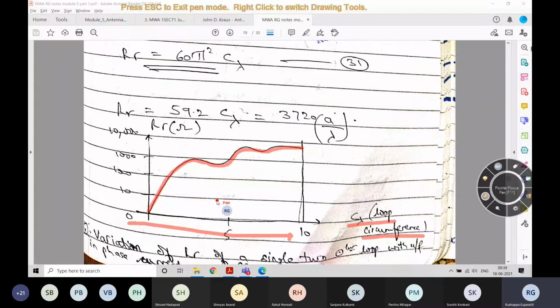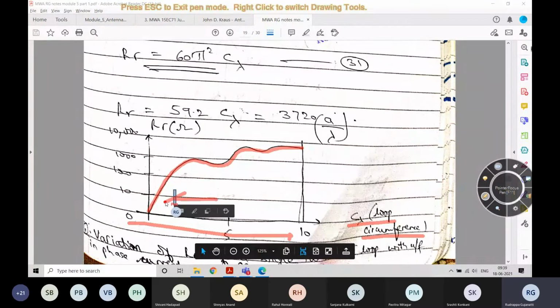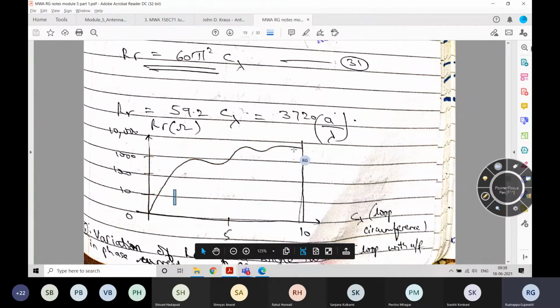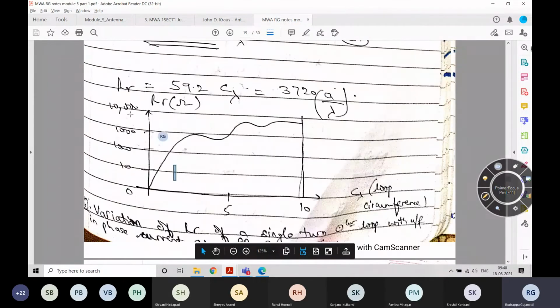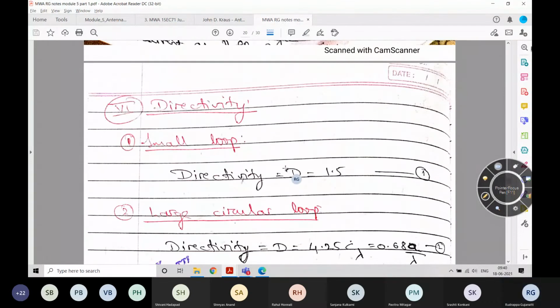So this is the radiation resistance seen with respect to the large loops. This is for small loops and this is for the large loops. You can observe that for large loops, the radiation resistance is greater as compared to the radiation resistance of the small loops. This is what we can observe from the graph.